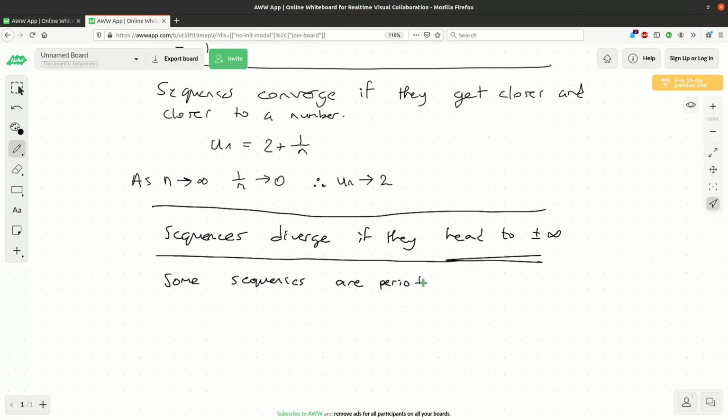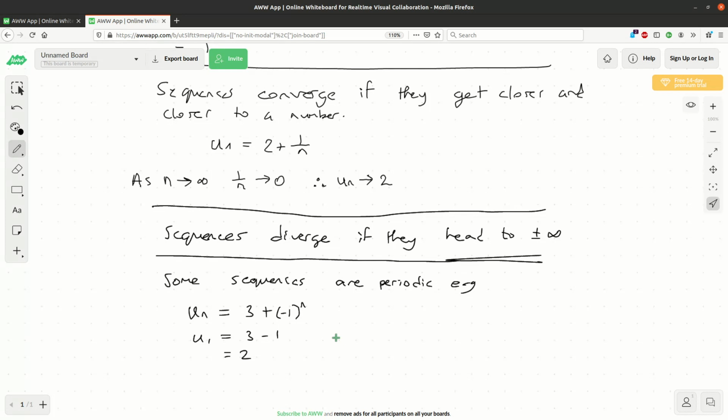Now, if you start looking at the first few terms, u1 is 3 minus 1, which is 2. u2 is 3 plus negative 1 squared, which is positive 1, and therefore that's going to be 4. u3 is 3 plus negative 1 cubed.